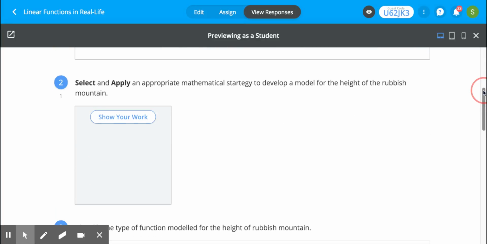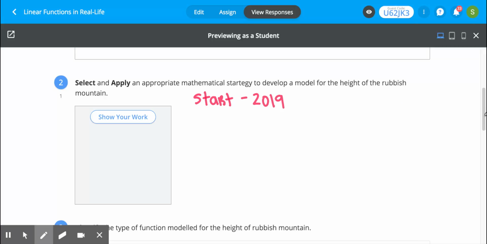Then it says select and apply an appropriate mathematical strategy to develop a model. I'm going to just write on this just because I can, and it's fun. So I'm going to rewrite some of it. The start in 2019 was, what was that?